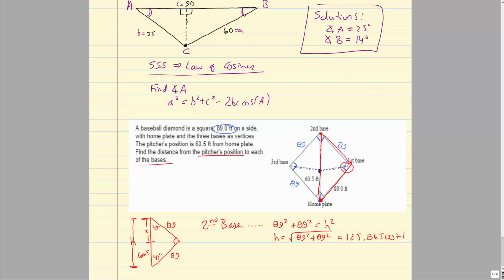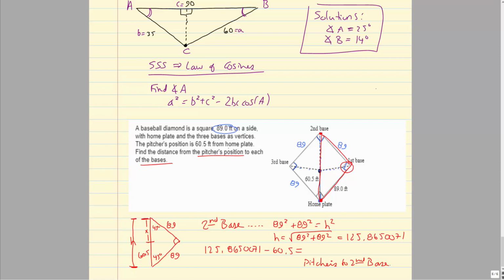125.8650071. Now you have to be careful about rounding. Make sure you don't round until the very end. So if I know that this total distance, h, is 125.8650071, I could subtract the distance from home plate to the pitcher's mound to figure out the distance from pitcher's mound to second base.